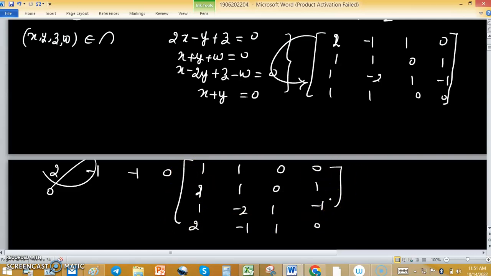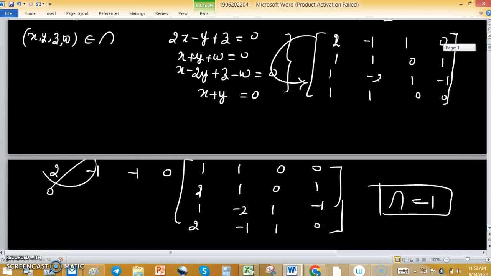After applying elementary row operations, the dimension of the intersection is 1. You can apply elementary row operations and easily find the dimension of the intersection.